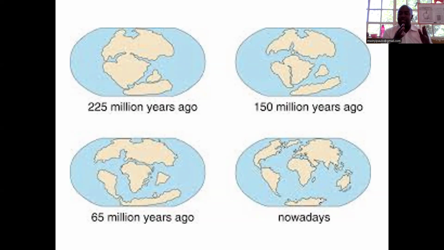Then the continents gradually started drifting far away from each other. You can see 100 million years ago, they started to separate. 65 million years ago, at least now you can see a clear picture of the current continents, until now, what we have currently with the continents that we know.